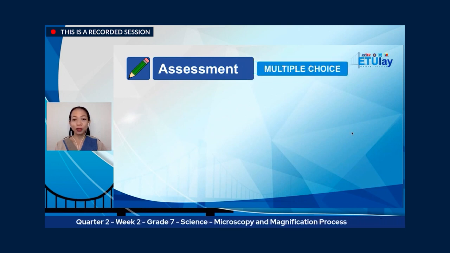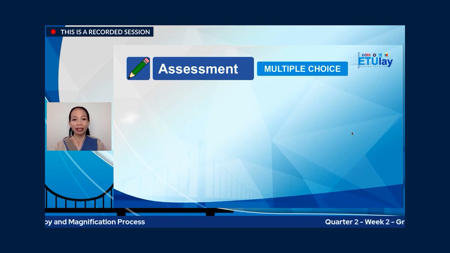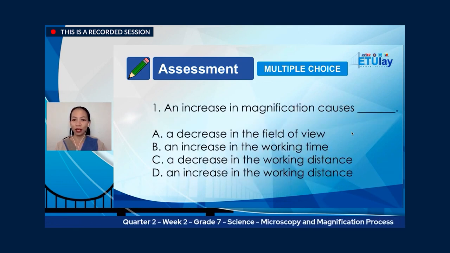We are now down to the last section of this session, the post test. We have here a 3-item multiple choice test to see how well you understood. Let's have item number 1.